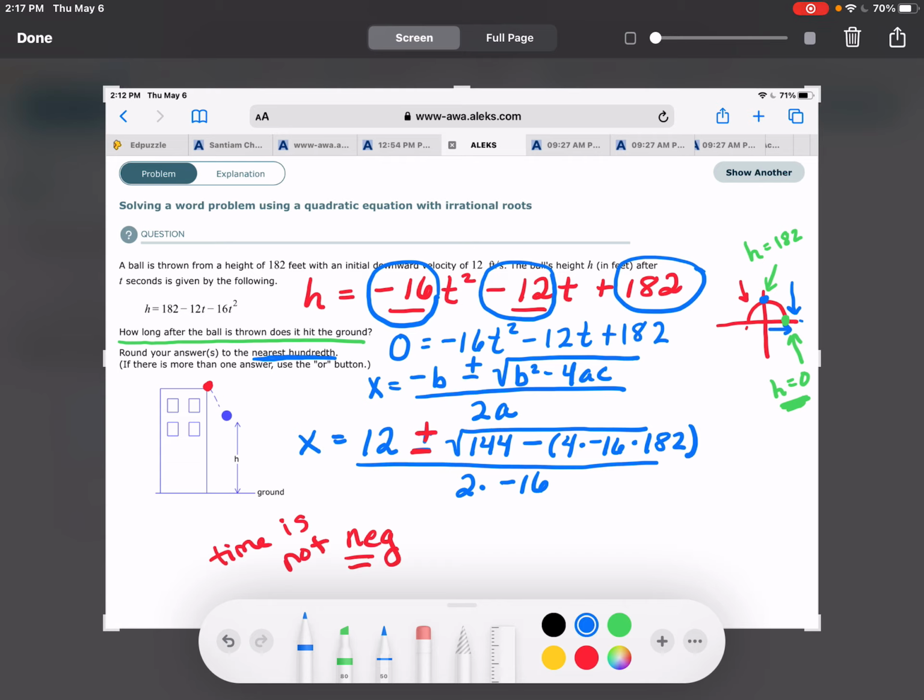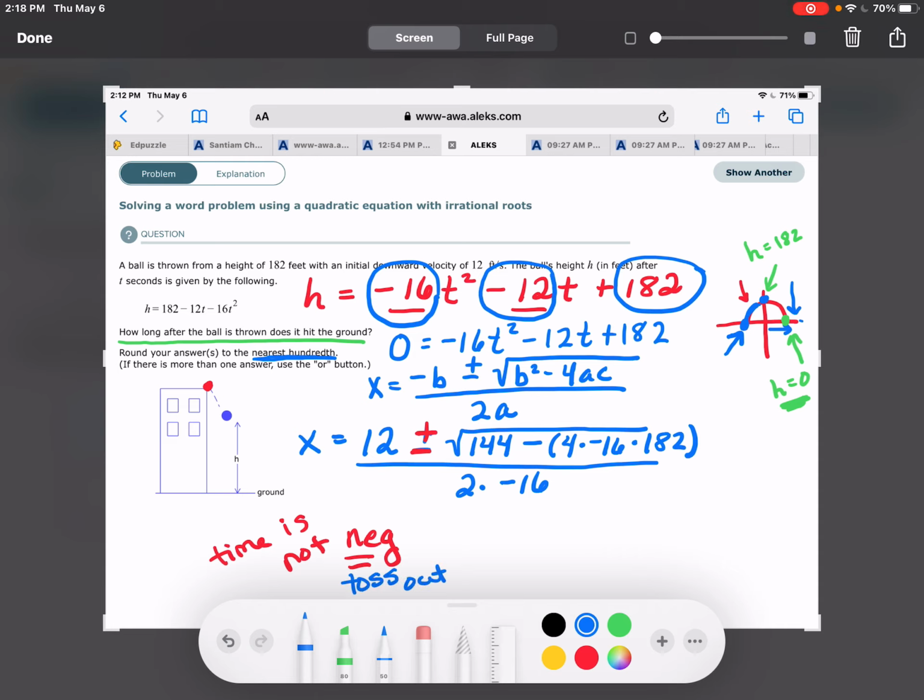And so that negative answer comes from the x-intercept that would be right there. It didn't happen. We actually climbed up a ladder or a staircase or something to throw that ball off from up high. So we're going to throw that negative answer out.